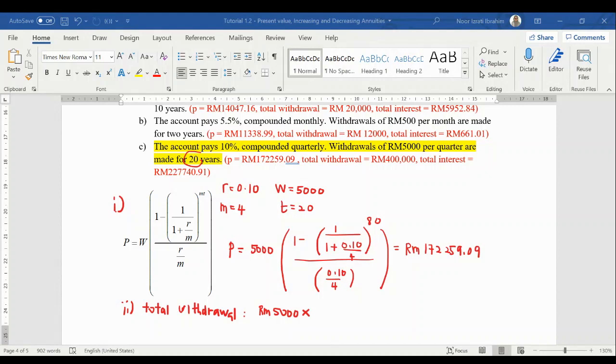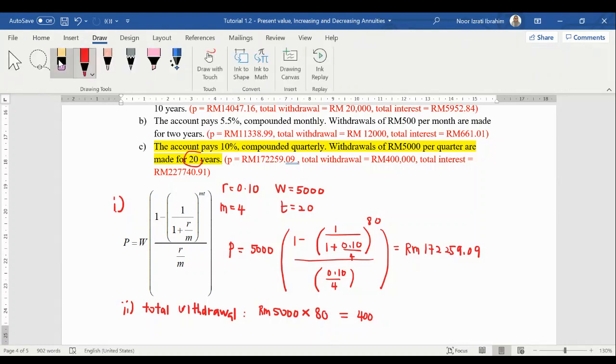In 20 years, we will have 80 quarters, meaning there are 80 withdrawals made. So 5,000 times 80 is 400,000.